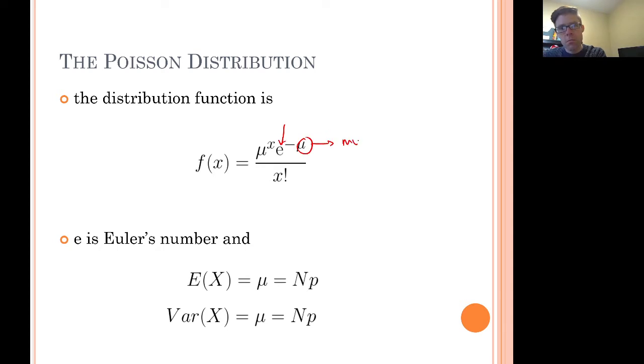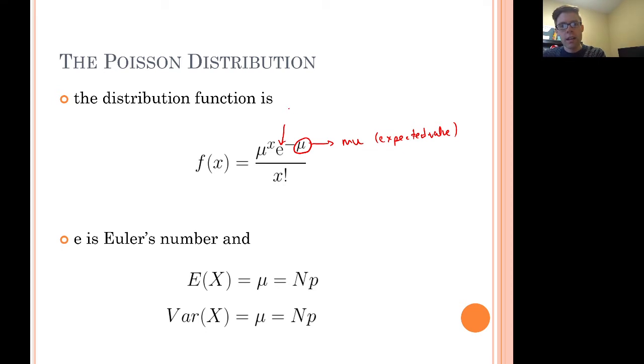So it comes with this mu, which we've seen before as a measure of center of a normal distribution. So this mu here represents the expected value of the Poisson distribution. Or we can think of mu as the mean of the Poisson distribution.